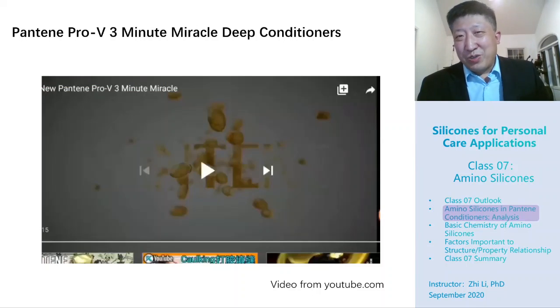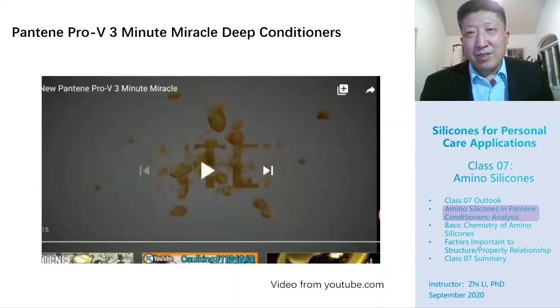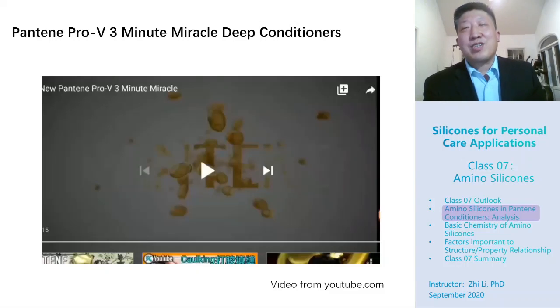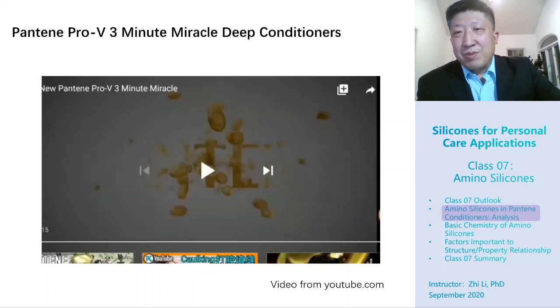One product that really caught my eye in the past couple of years is Pantene 3-Minute Miracle Deep Conditioner, a kind of magic repair.